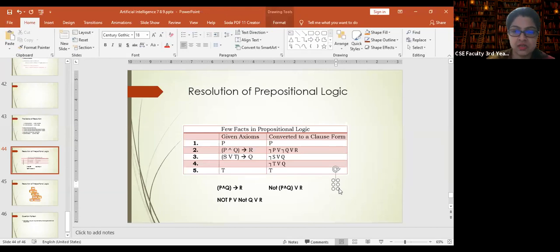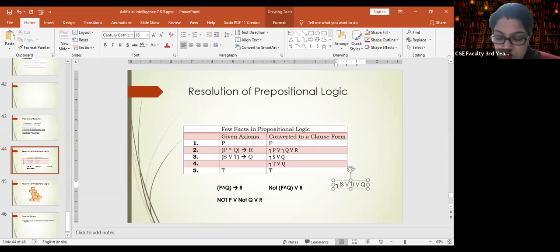We can write it as not S or T or Q. The target is not to remove the or sign.